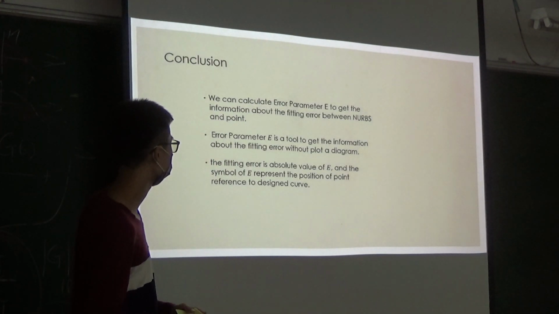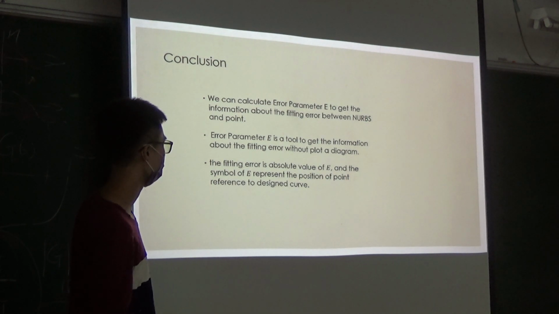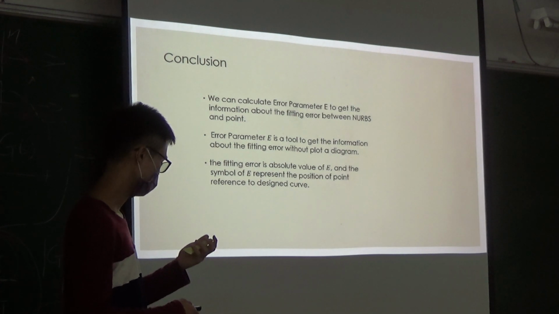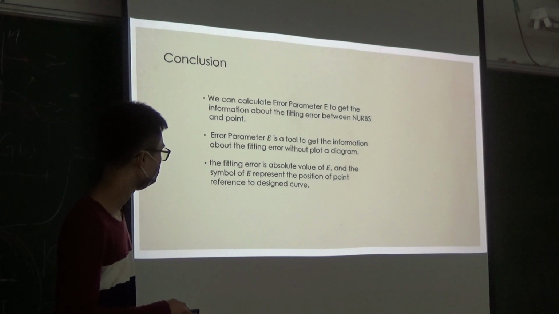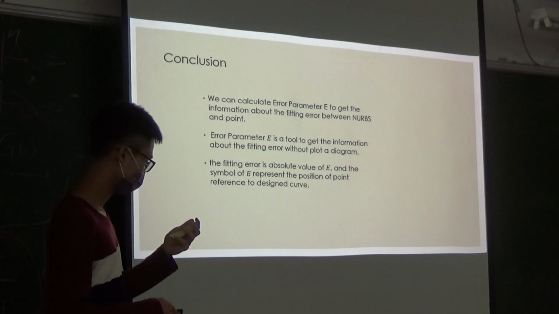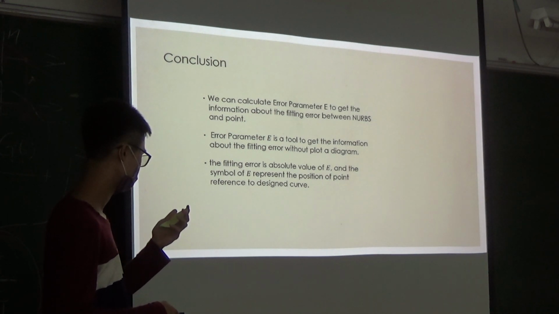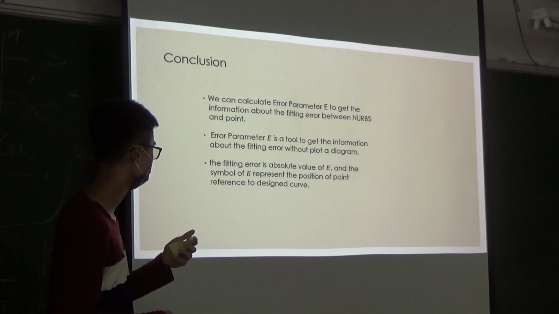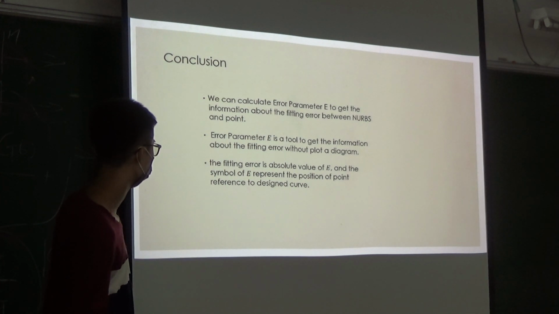We can calculate the error parameter to get information about the fitting error between the NURBS and the points. The parameters of the NURBS can reduce the fitting error, but how do we know the scale of the parameter without a plot diagram?